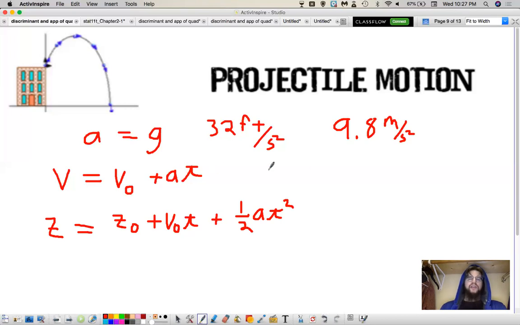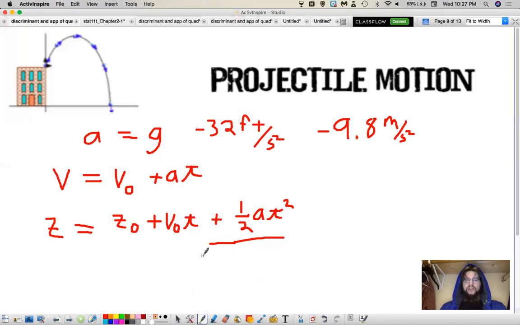So if we're thinking about it, we have to decide what's positive and what's negative. Generally speaking, we're going to call up positive and down negative. So our acceleration due to gravity is going to be negative 32 feet per second squared and negative 9.8 meters per second squared. So this part right here is always going to be one of the two following things. Let me go ahead and underline that plus sign too.